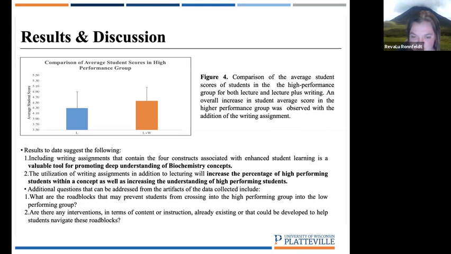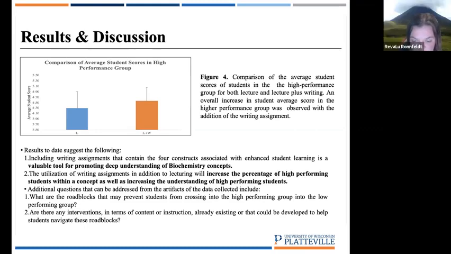Else to add, I guess the following. So including a writing assignment that contains the 4 constructs is a valuable tool. So basically, the writing assignment's a valuable tool. The writing assignments increase the percentage of high performing students. Yep, and then you've got to also get in that they increase the concept scores for high performing students. Yep.